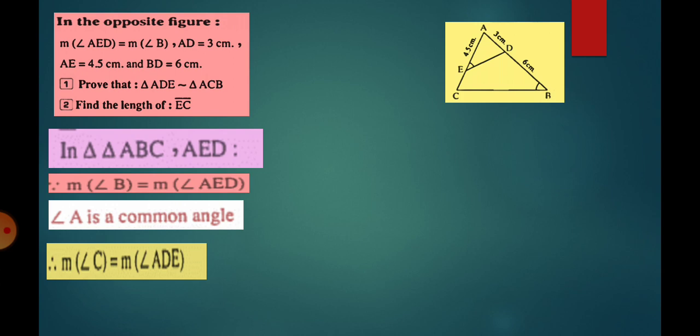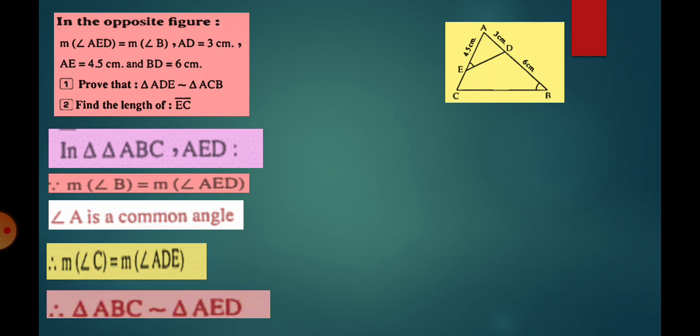In any two triangles, if two angles in the first equal two angles in the second, then the third angle equals the third angle. Here we find three angles in the first triangle are equal to the corresponding angles of the second triangle. Then we can write triangle ABC is similar to triangle AED.